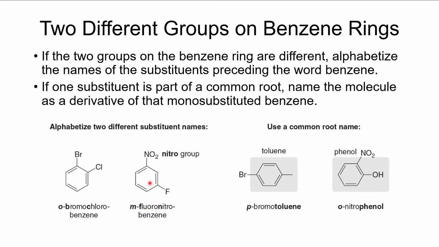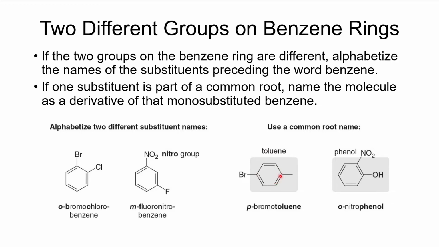Another thing that we will see is if one of the substituents makes up one of our common names: toluene, phenol, or aniline. So toluene, phenol, or aniline. Then the parent name is going to be the name of whatever that common name is. So like this would be toluene.